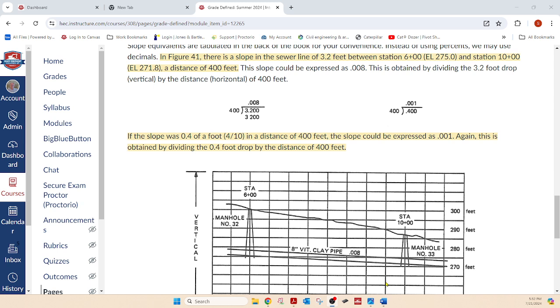and that horizontal of 400, I'm going to come up with a different number, but I just want to see. It's not going to be 0.008. It's going to be something else. If I take that vertical of 5 feet, it's going to be a steeper deal. So 5, and go to the formula, vertical divided by horizontal.